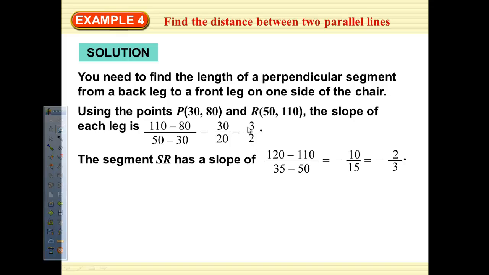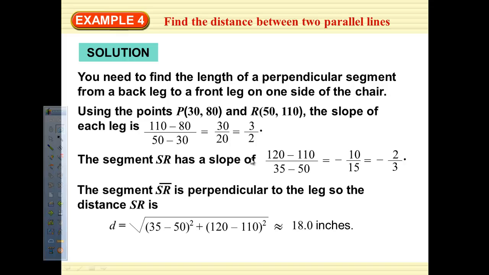We didn't need to do it here, but in the next one we will have to. So you use the distance formula to find the distance between the points S and R. I believe S was (35, 120) and R was (50, 110). So you plug everything in there, and you get your answer of approximately 18.0 inches.